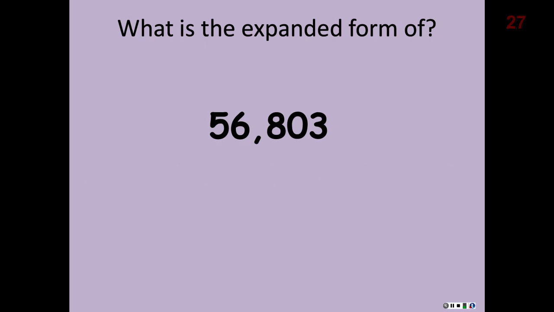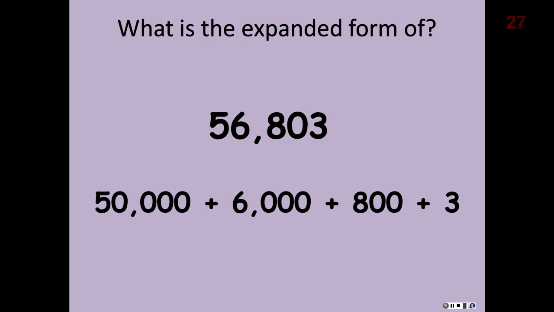Nope. No, 5. 50,000. So for each digit, write its value. 50,000 plus 6,000 plus 800 plus 3. Do I have to do the 0? No, but I could if I wanted to, right? If you want to, you can. I don't. I just take it out. Okay?